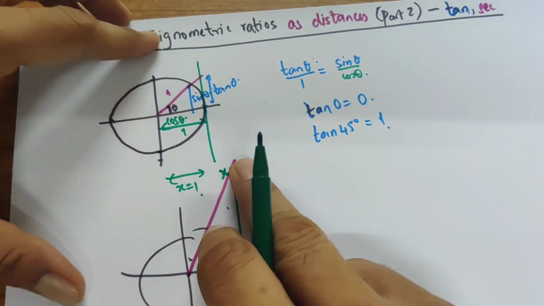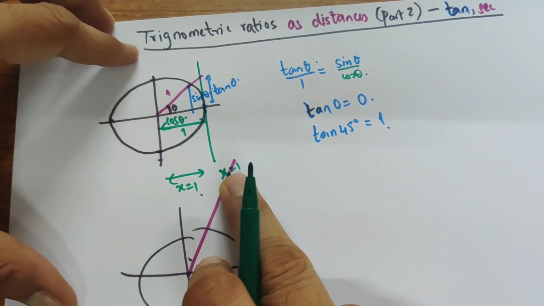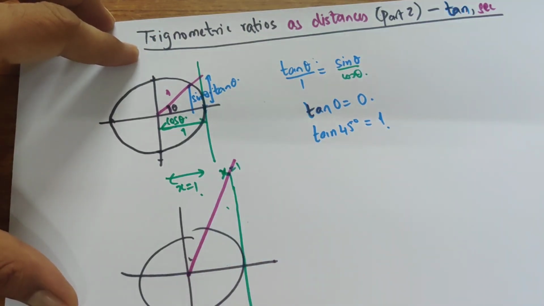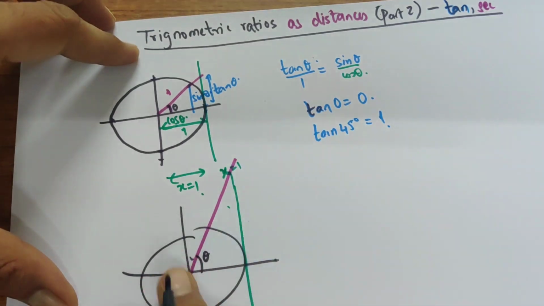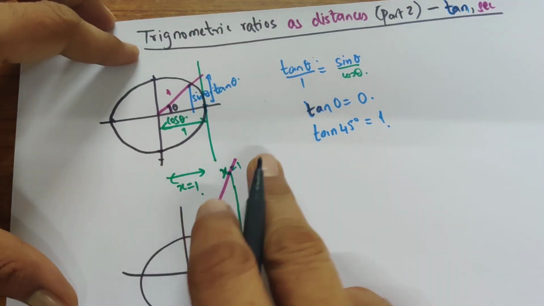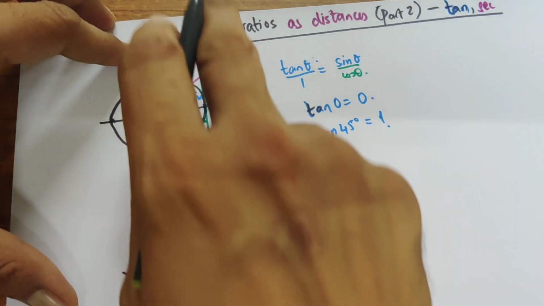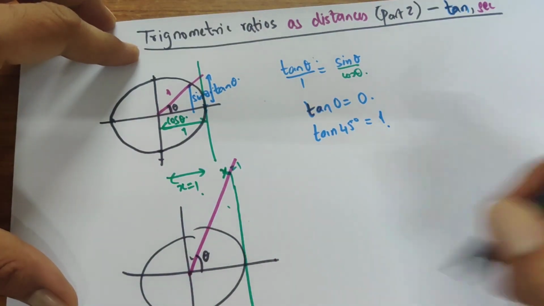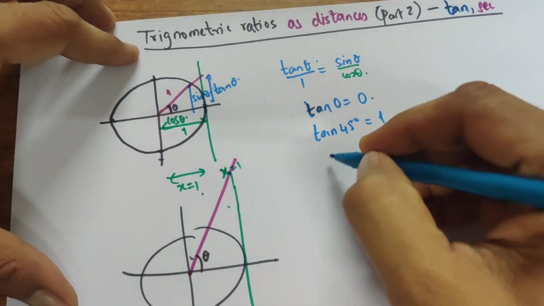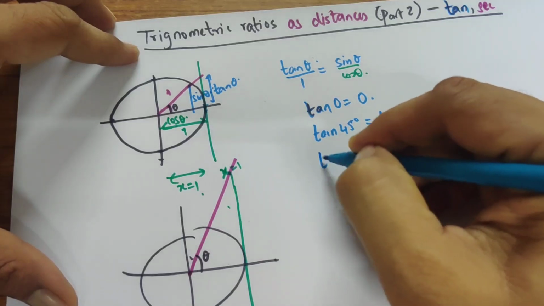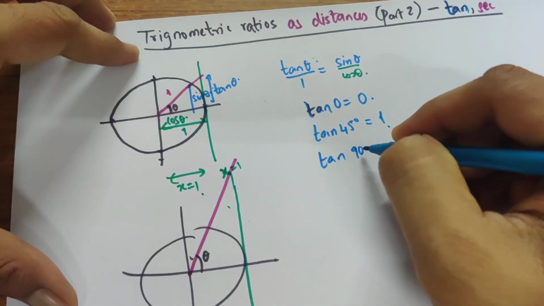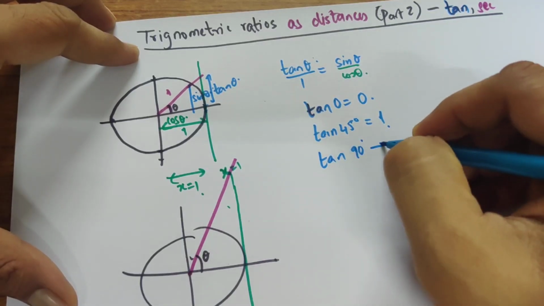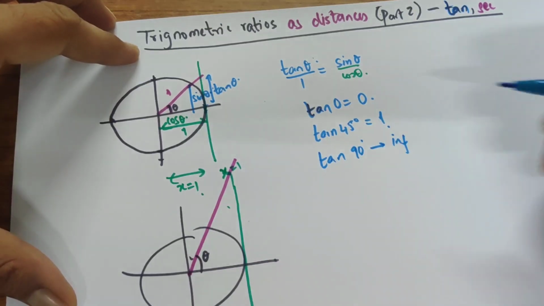So I can clearly see that the tan theta is really increasing a lot. And when you say theta is 90 degrees, that means these two lines will be parallel, they will never touch. So at 89 degrees, it will touch really, really far. So you can see that as theta approaches 90 degrees, tan is starting to approach infinity. It's blowing up.